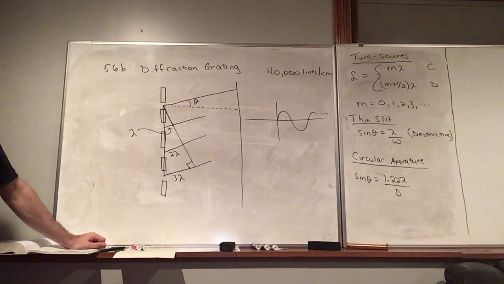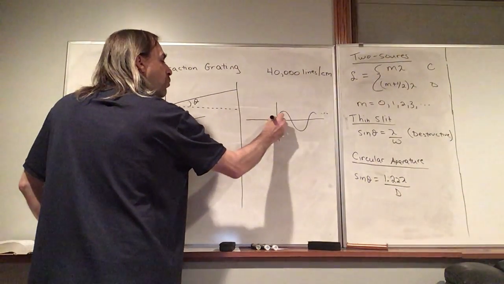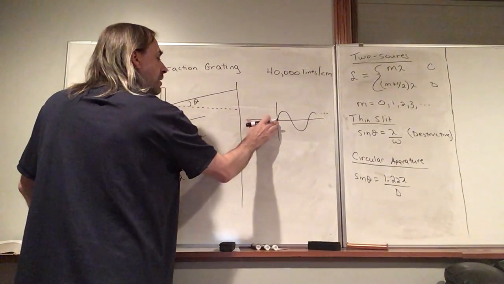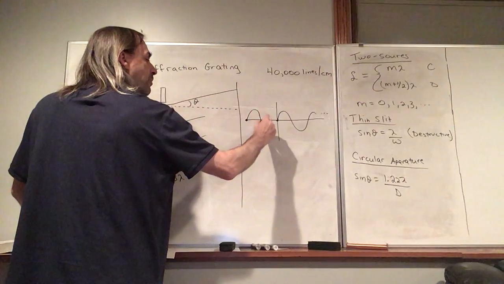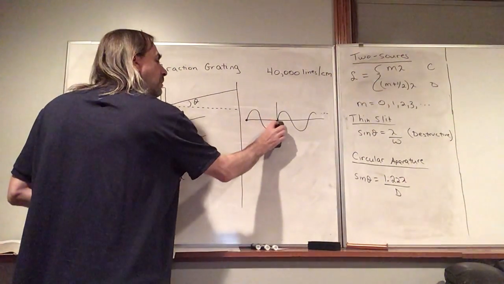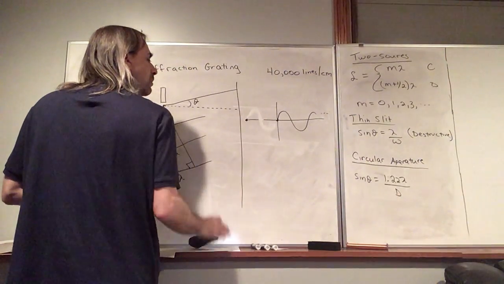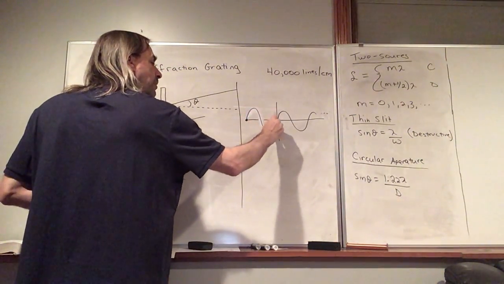The second one is farther away. If one starts here, the next one is going to start back a distance equal to 1 wavelength, so it's going to travel an extra distance. I should use a different color for this one. So this one travels this extra distance.